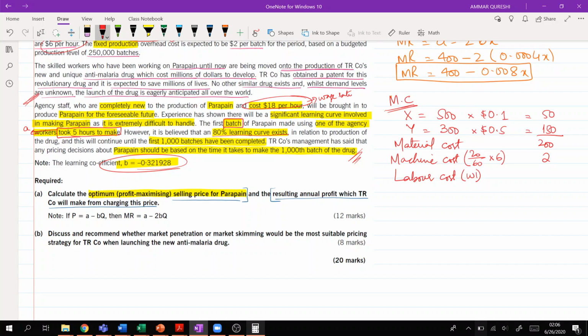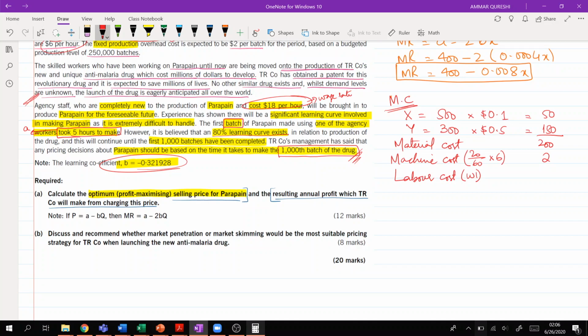So till 1,000 batches, you have to consider this. The company's management has said that the pricing decision about paraffin should be based on the time it takes to make the 100th batch of the drug. So whatever cost is required for the 100th batch should be considered for the pricing decision.